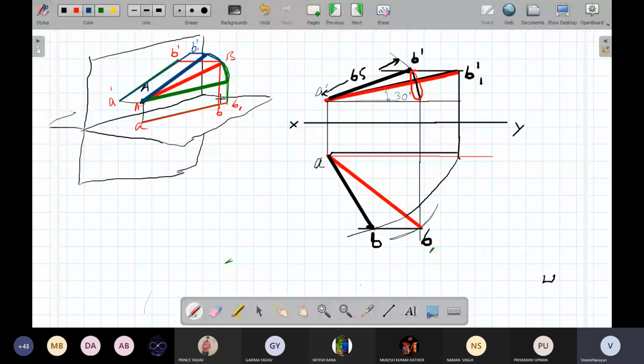These two are also not parallel. Let's make a B. This B is this point.